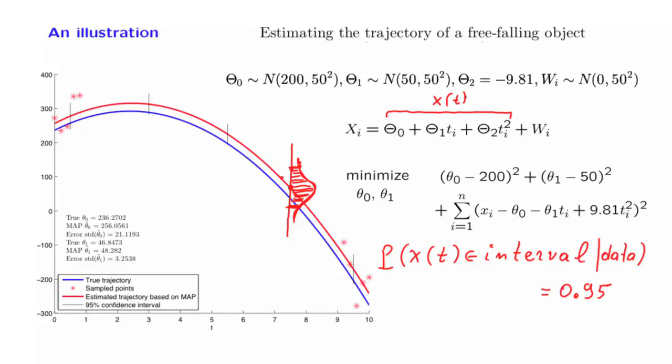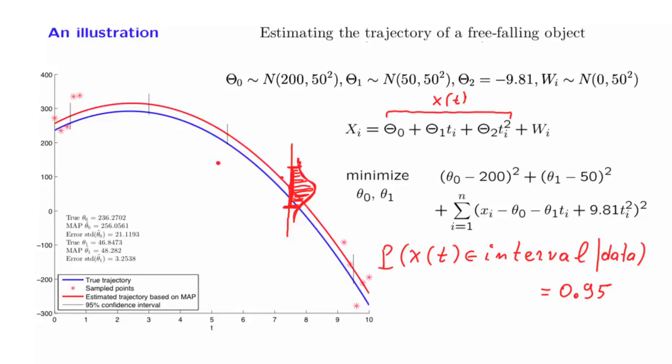Such an interval gives us useful information. Besides a point estimate, it also gives us a range of possible values, and outside this range, it is quite unlikely to have the true trajectory be out there. So here we're showing some confidence intervals that apply to different times, and they're pretty narrow, they're pretty small, and they give us confidence that we have pretty accurate estimates of the true trajectory.